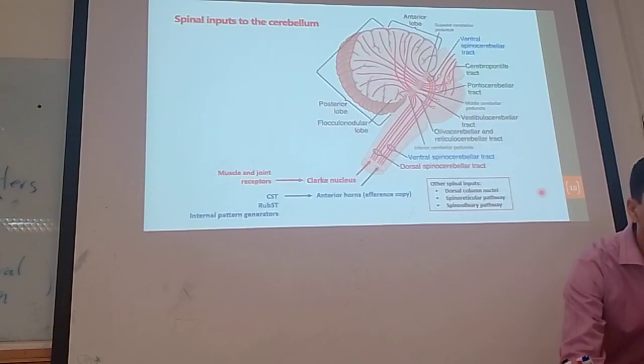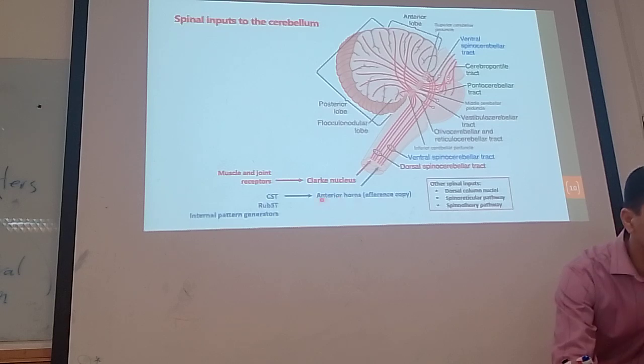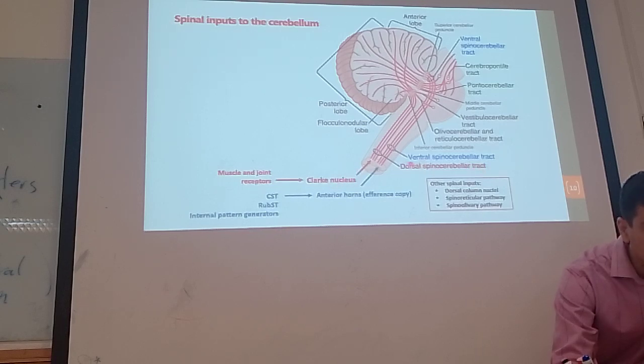So, another figure that shows the spinal cord connection with the cerebellum. From the muscles and joints, muscle spindles, Golgi tendon organs, joint receptors, they send information to the Clarke nucleus. From Clarke, you have the dorsal spinocerebellar tract, right? It goes to the cerebellum through the inferior cerebellar peduncle.